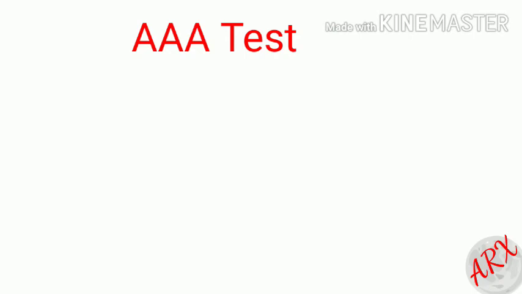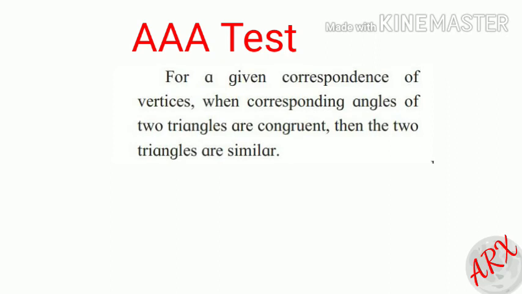Now we will move on to the next test, that is AAA test. For a given correspondence of vertices, when corresponding angles of two triangles are congruent, then these two triangles are said to be similar by AAA test.